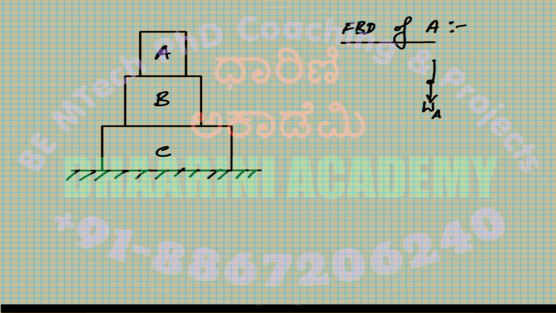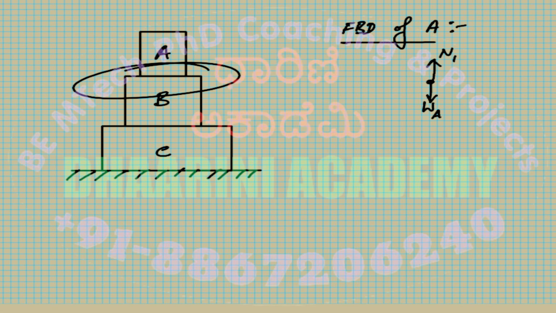And at the same point, you have a normal force arising because of the contact between A and B. Because of that contact, you have a normal force acting upwards. All right, so that's the free body diagram of A.